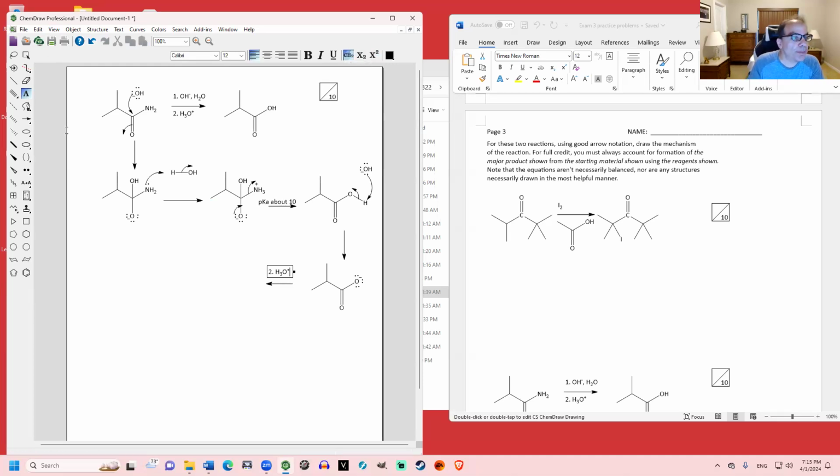And then the H3O plus will first neutralize all of the hydroxide, and then it will start putting the protons back on the carboxylate ion.